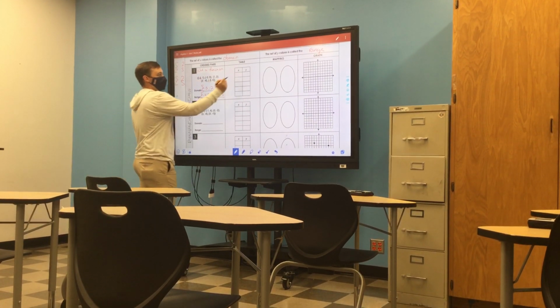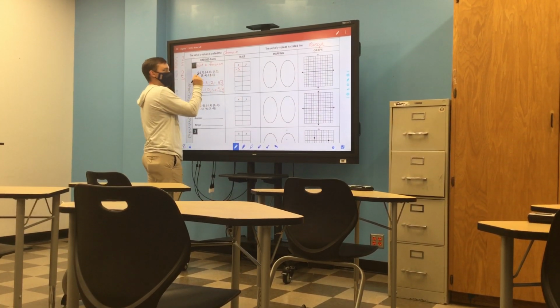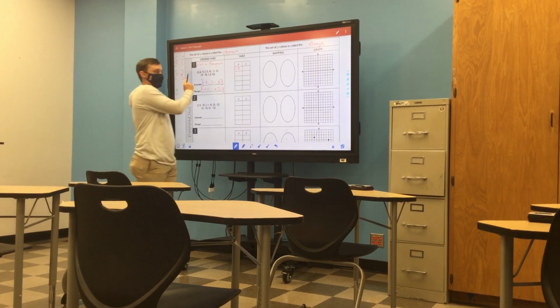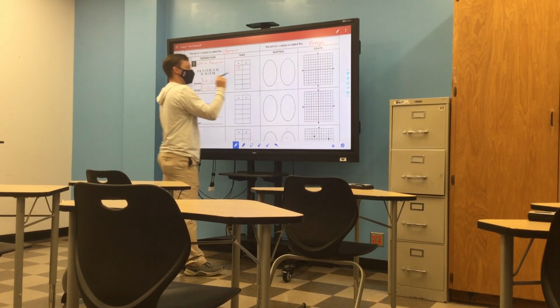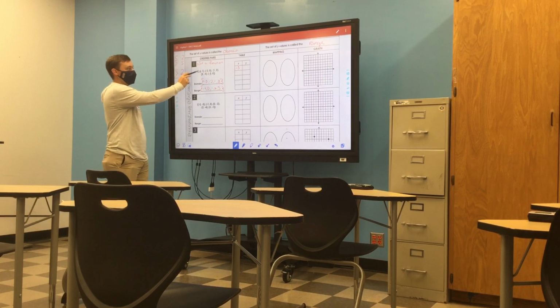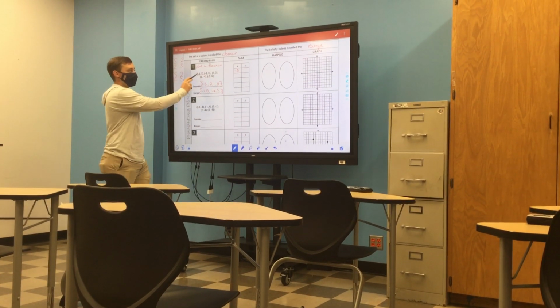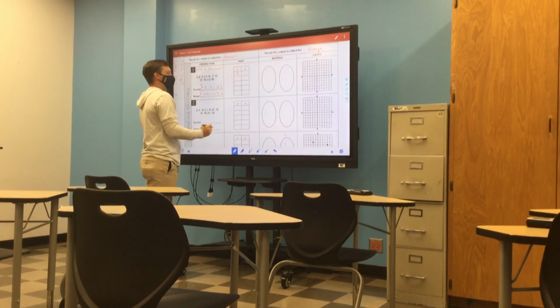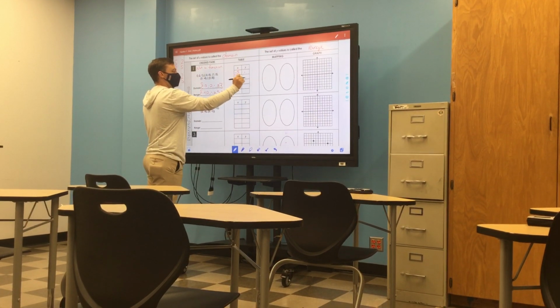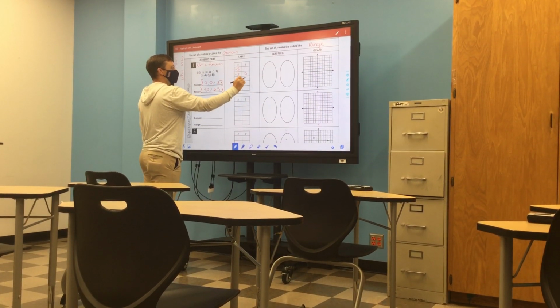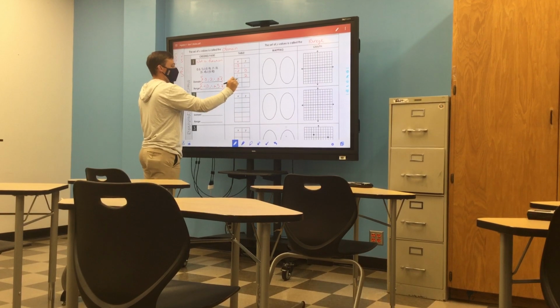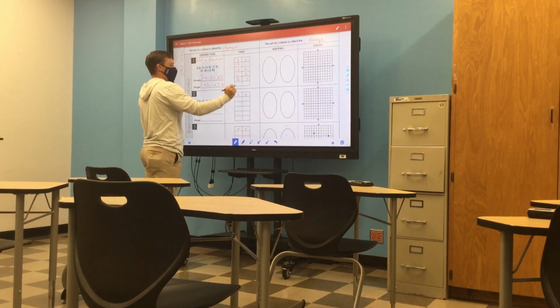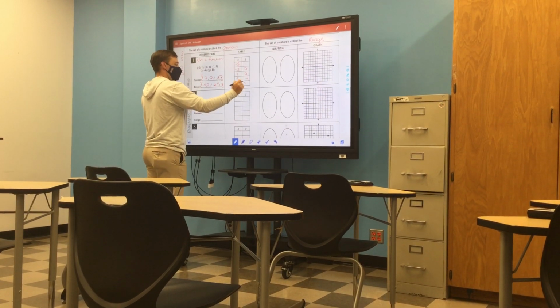So (-3, 1). This row is all based off this. So you have the ordered pair (-3, 1), ordered pair (-2, 0), ordered pair (1, 2), ordered pair (3, -4), and ordered pair (-3, 5).